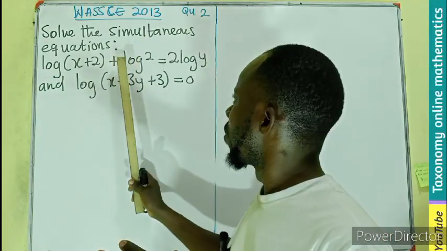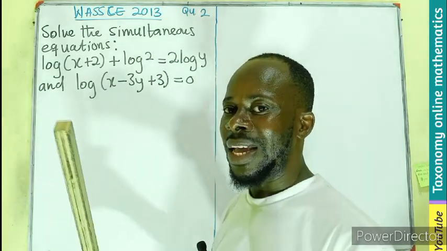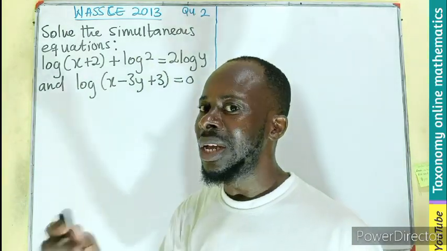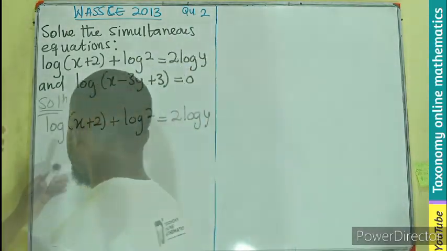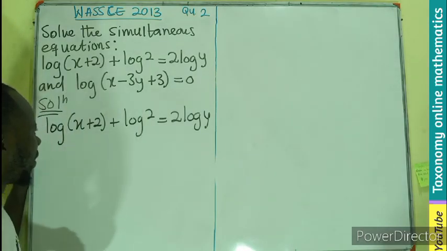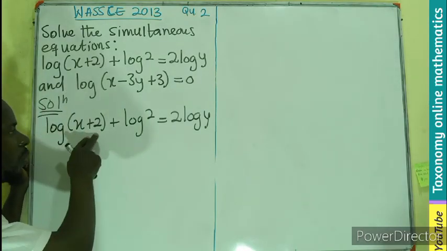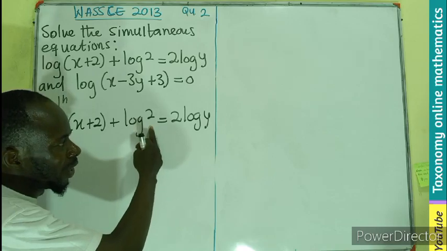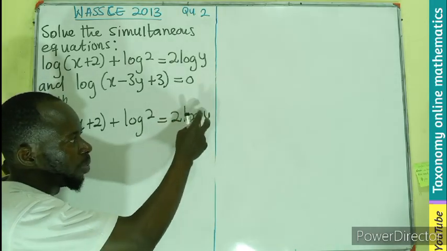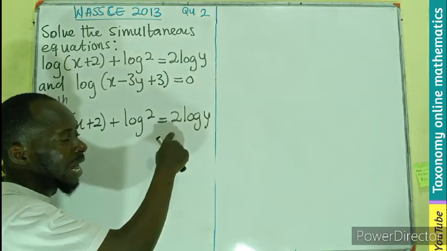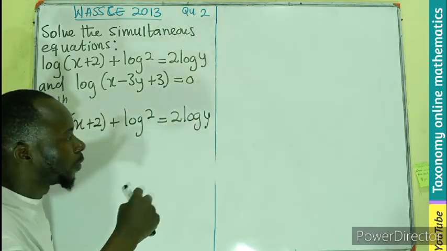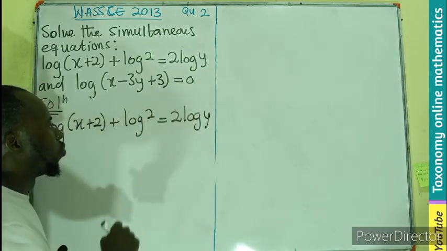So let's take it one after the other and see how we can get an equation out of that. In the case of this, what can we see? This is logarithm with argument, a number multiplying the logarithm with the argument. So we can apply first the third law, which will make this one go up.